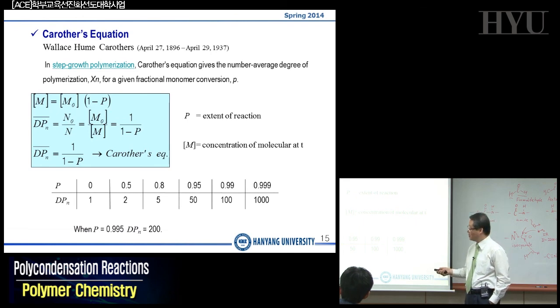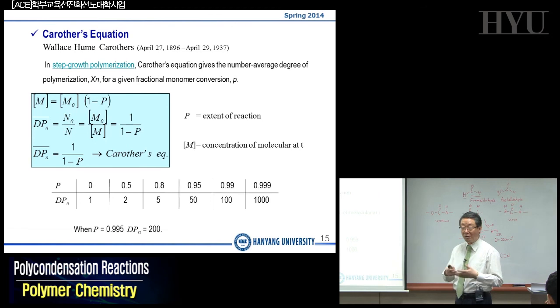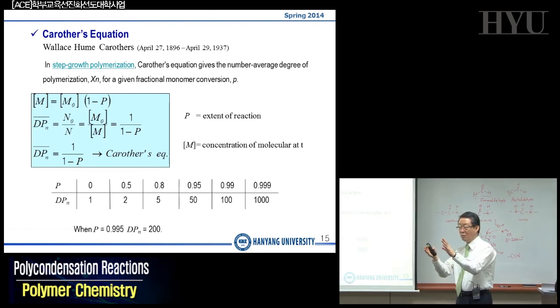If the extent of reaction is about 0.5, you have DPn of only 2, after 50% of your monomer has participated in the reactions. If you increase your p up to about 99%, meaning that 99 monomers out of 100 participate in the reaction, what happens with the degree of polymerization?